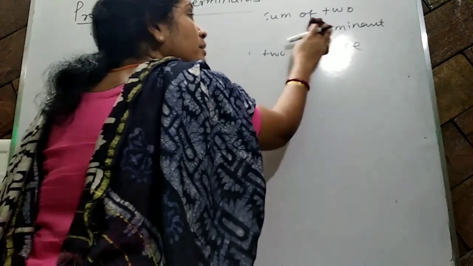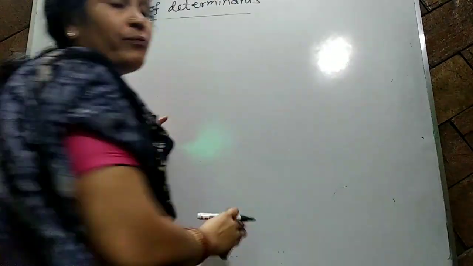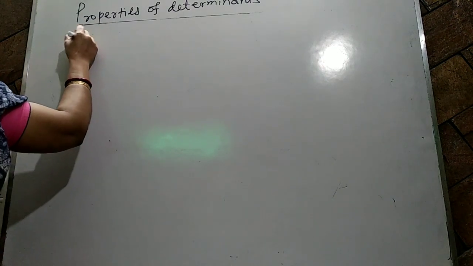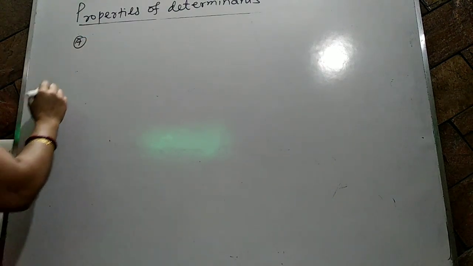I told you any one row or one column, not every row, every column. Keep that in mind. Now the last property, number 7, another most important property.